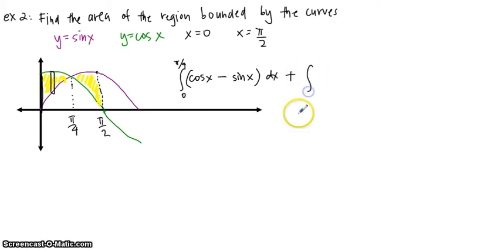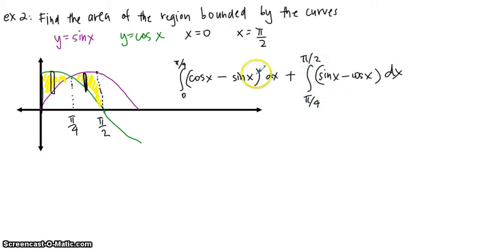And then I have to add it to this region's rectangles, because it switches, right? So the height of this rectangle will become sine x, the upper boundary, minus cosine x, dx, from the region pi over 4 to pi over 2.